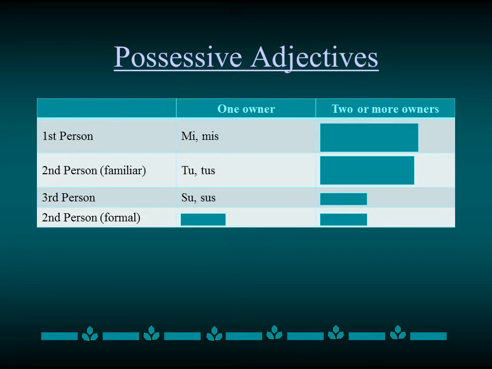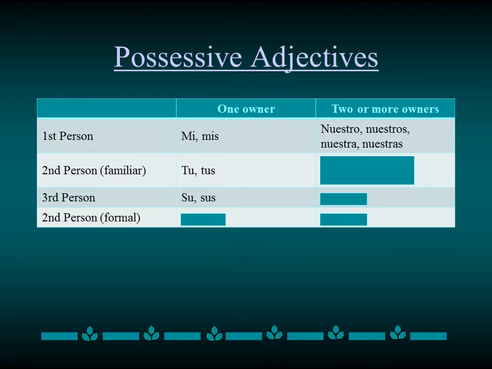All right, let's look at whenever we're talking about two or more owners. This is our, so nuestro, nuestros, nuestra, nuestras. So you're going to change the word depending on the object that's being owned. So our backpack, nuestra mochila.